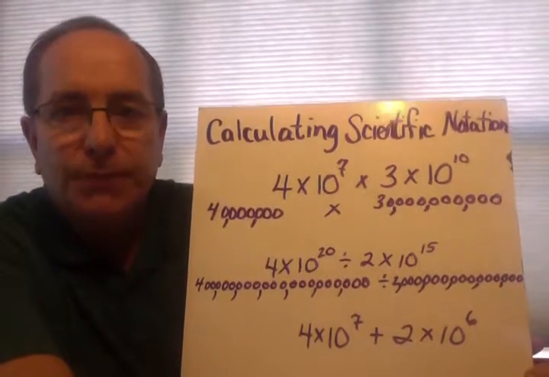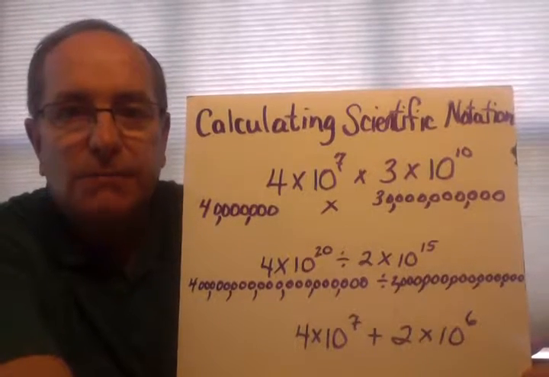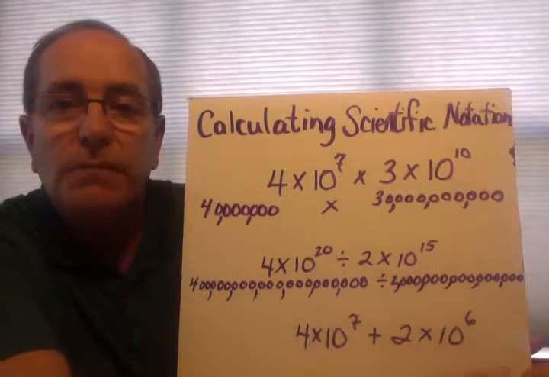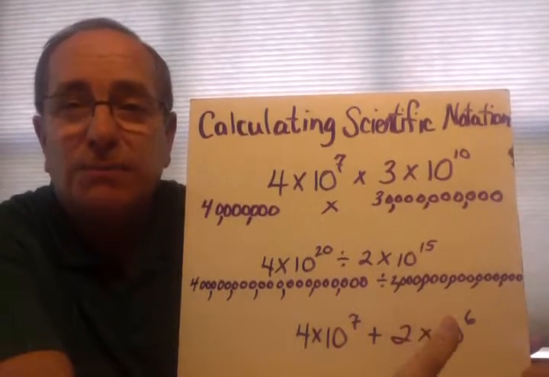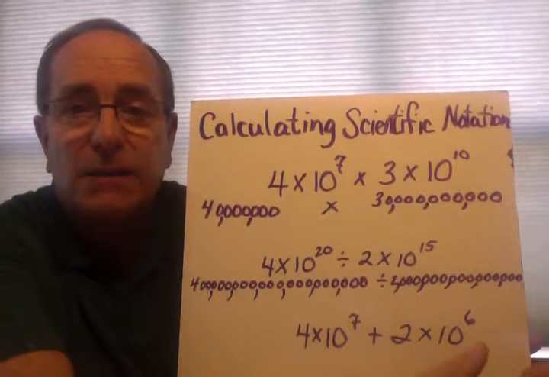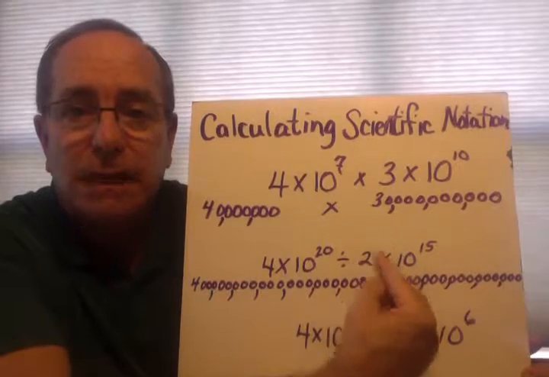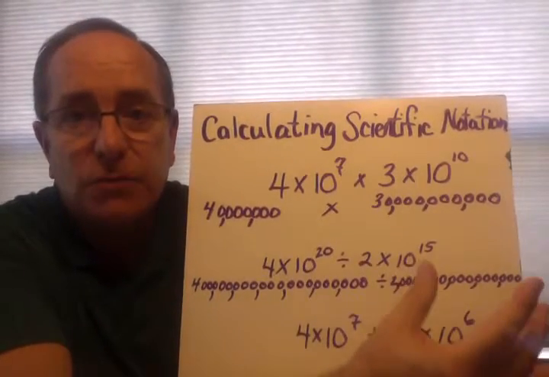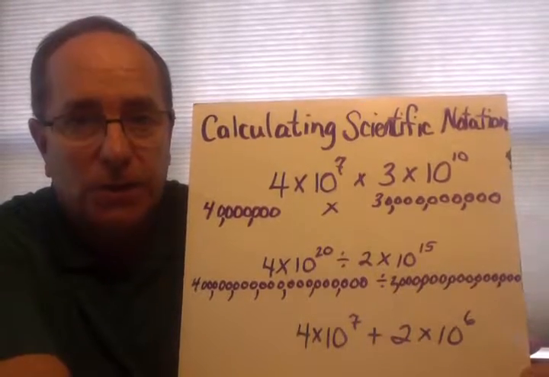Now multiplying scientific notation is very simple to do, and dividing works the same way. When we multiply and divide fractions, those are actually the simplest operations, rather than adding and subtracting fractions. With scientific notation it works the same way. These are simpler than adding, though we'll show you that we can actually add or subtract scientific notation numbers.